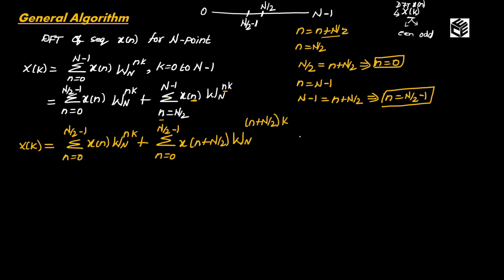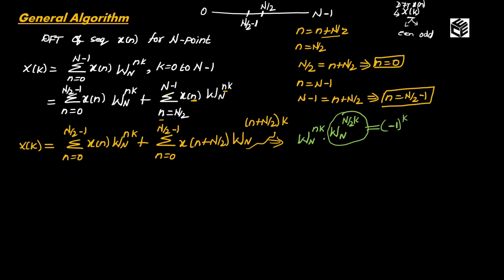Okay, so this can be modified as, that is W_N^{(n + N/2)k} can be written as W_N^{nk} multiplied by W_N^{(N/2)k}. But the value of W_N^{(N/2)k} is equal to (-1)^k.